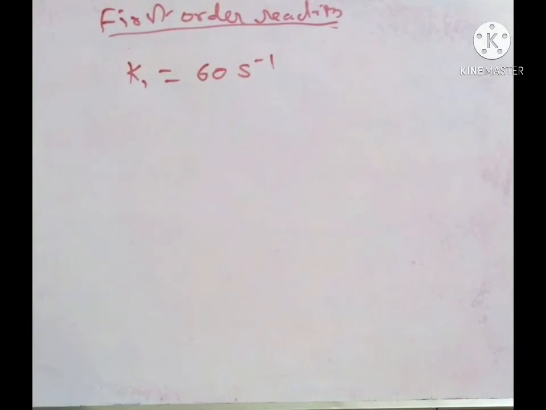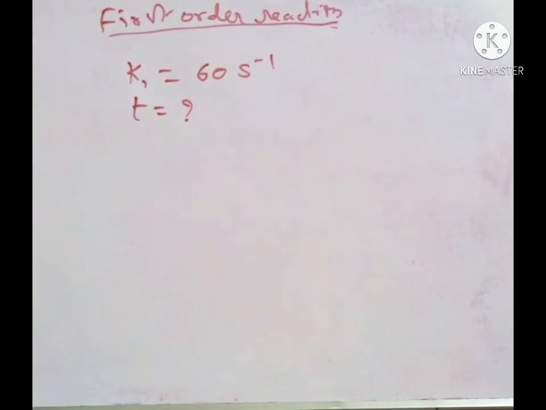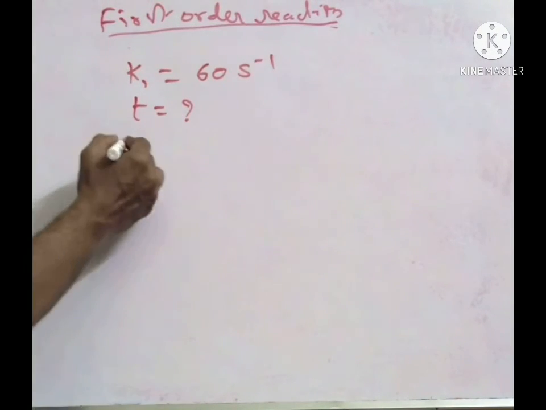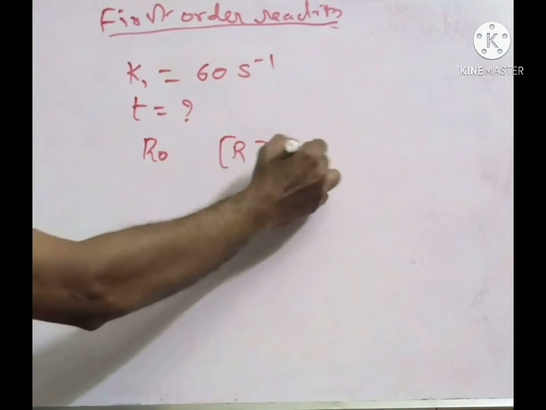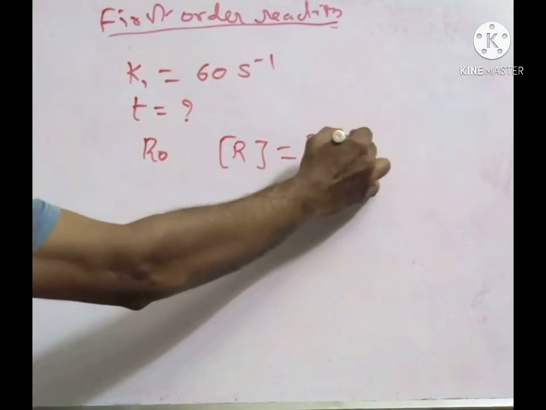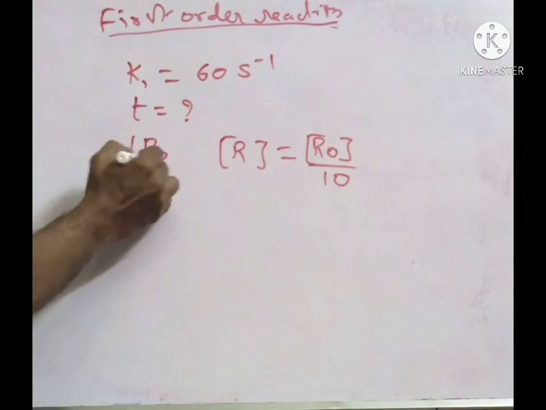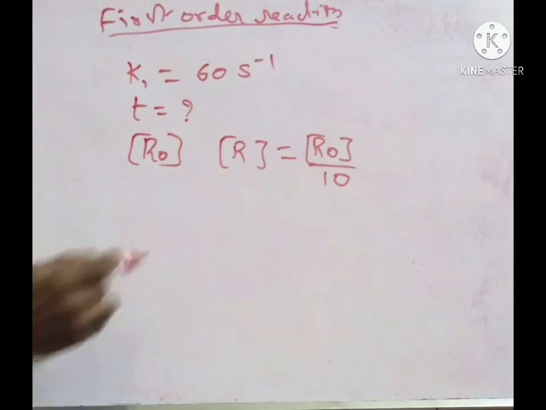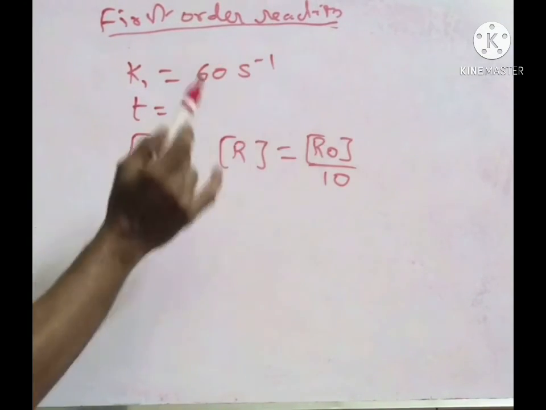How much time will it take to reduce the initial concentration of the reactant to its 1/10th value? So the final concentration R will be 1/10th of R0, the initial concentration.